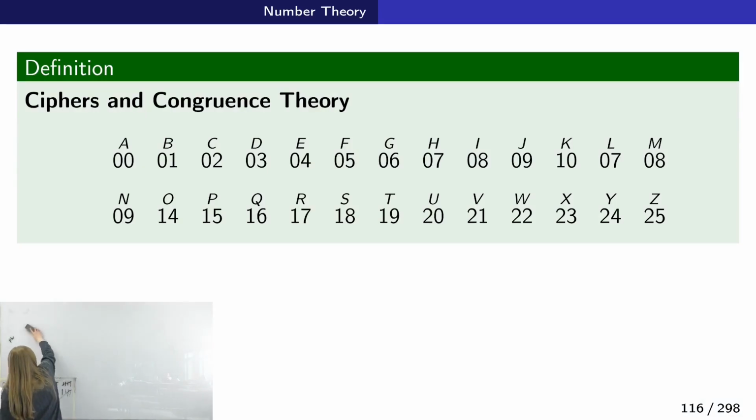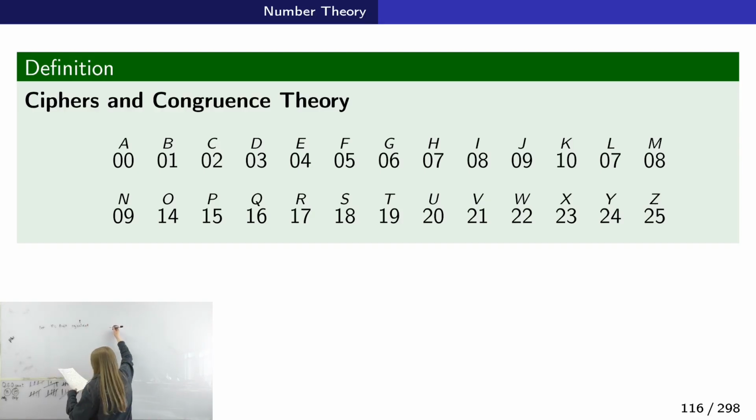We can use congruence theory to translate the alphabet into numbers to really quickly decode things. So if we let A be 0, B be 1, and so on, just numbering the alphabet, we can let P be the digital equivalent of a plaintext letter, and C be the digital equivalent of a ciphertext letter.